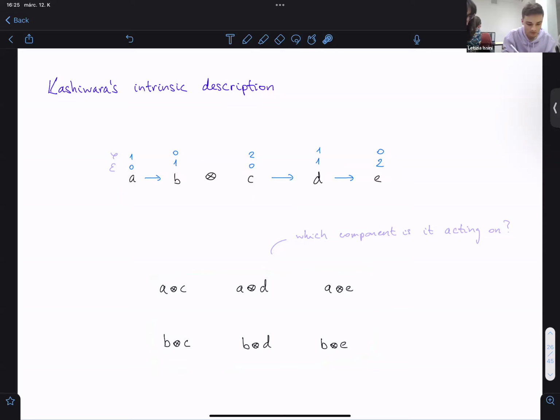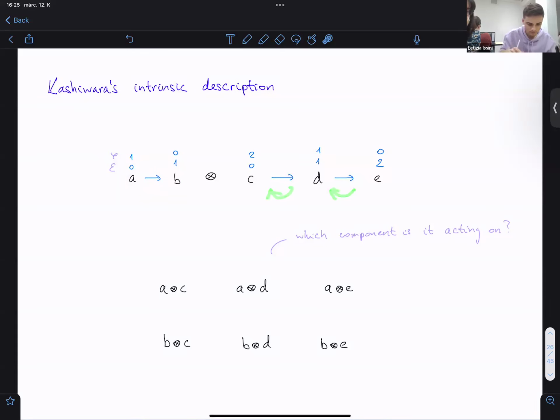And if we know that, we can just refer back to our previous crystals and see what happens there. So phi of a vertex will be the number of times we can go forward from that vertex along the arrows. And epsilon will be the number of times we can go backwards along the arrows. So phi of A will be 1, phi of C will be 2, and phi of E will also be 2.